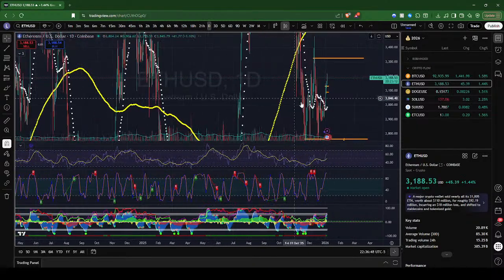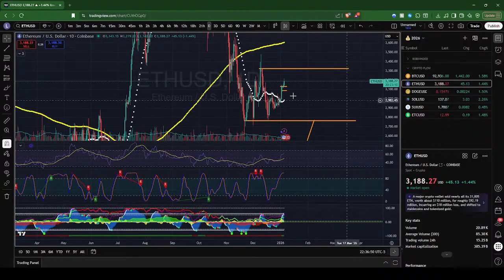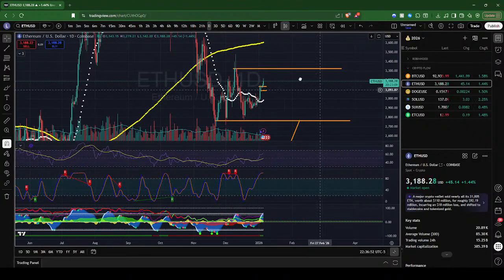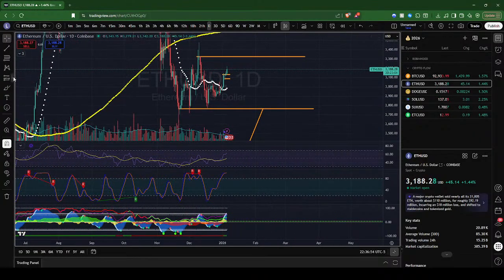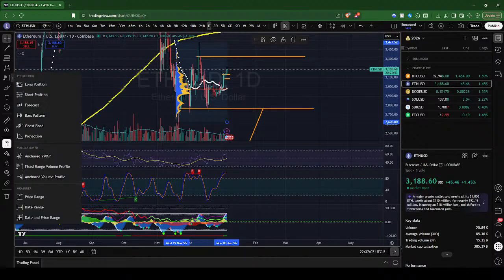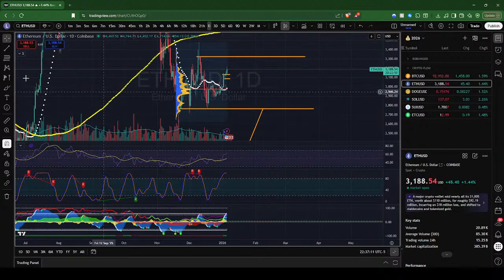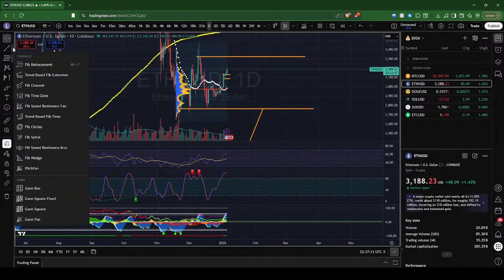And we could just jump in and see a couple of these support levels right here with this tool called the volume price range something. Here we go. Let me get you the exact name of that. It's going to be the fixed range volume profile, and this will tell you where the volume is throughout this price action.